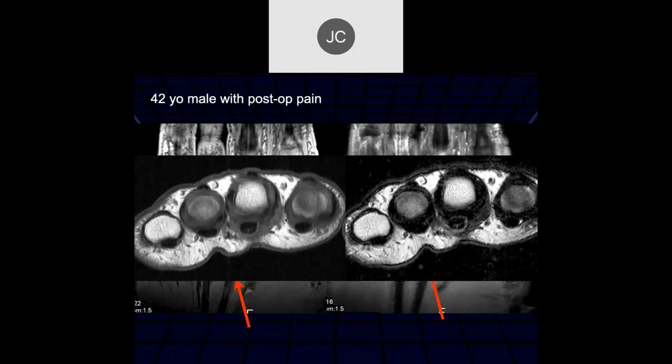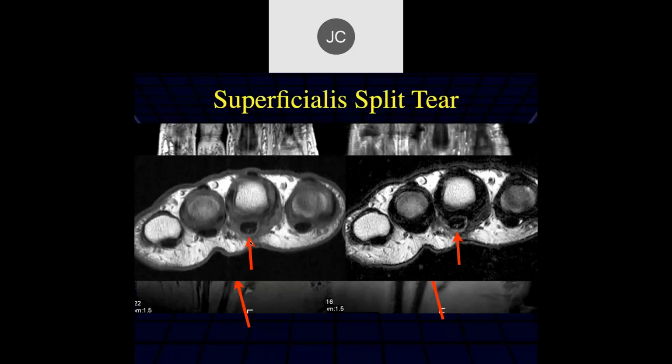These are kind of the normal, getting close to the pulleys over there. This is markedly thickened and irregular. And we can see that this was a split tear of the superficialis. So you have to be careful about that with the superficialis, because it normally splits.